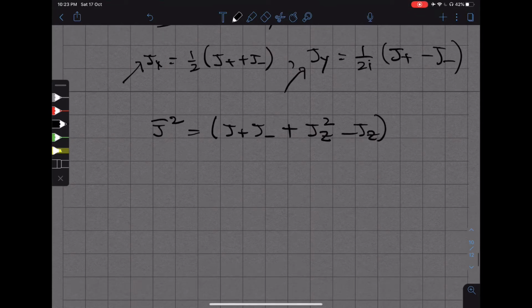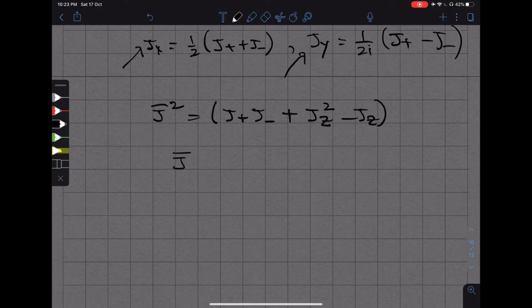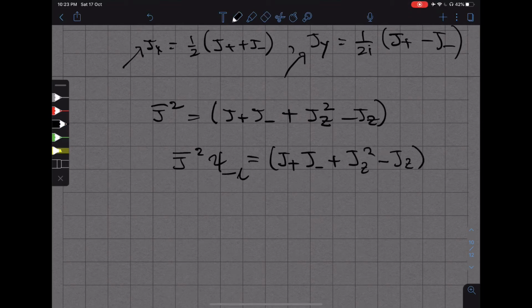Now, if I apply it to, say, psi of minus L, then what do I get? Well, let's calculate this. J plus J minus plus Jz squared minus Jz acting on psi of minus L. Now, this term acting on this is just going to give me 0. And this term acting on this will give me L squared.